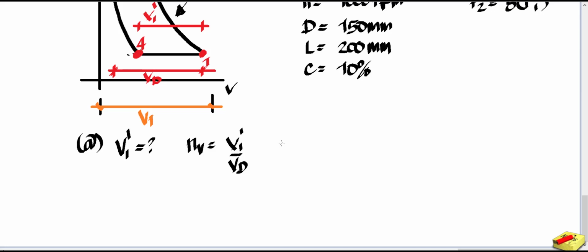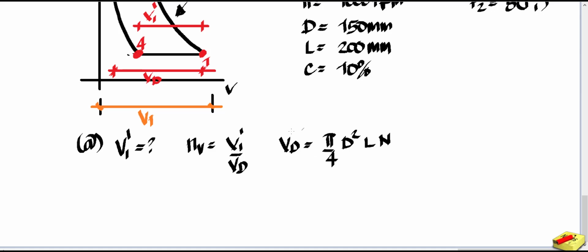Now, our volume displacement VD is equal to pi over 4 D squared, the diameter, times the length of the stroke of the piston. Then we have your N, or the number of RPM. So it depends if the problem is single acting or double acting. But our problem here stated we have a 2-cylinder that is a single acting. Okay, 2 cylinders only and a single acting.